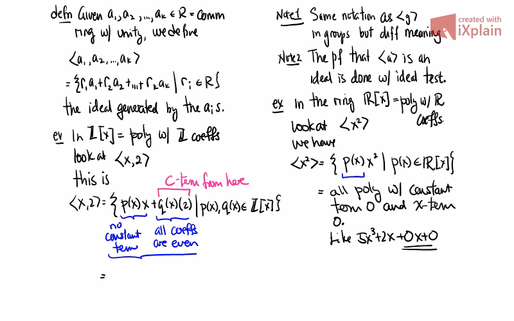So the result of this is all polynomials in Z[x] with even constant term. Every other term doesn't have to be even or odd because of the p(x) times x, but the constant term must be even in this case. So again, this is an example of an ideal.